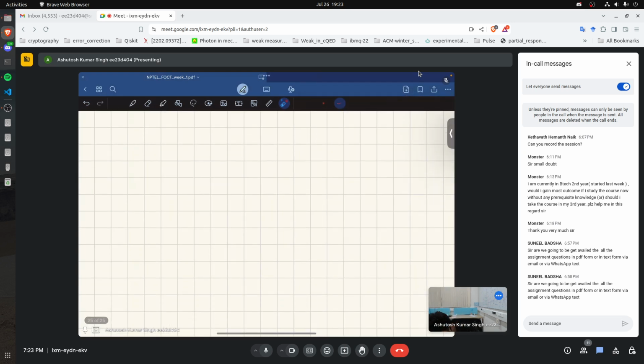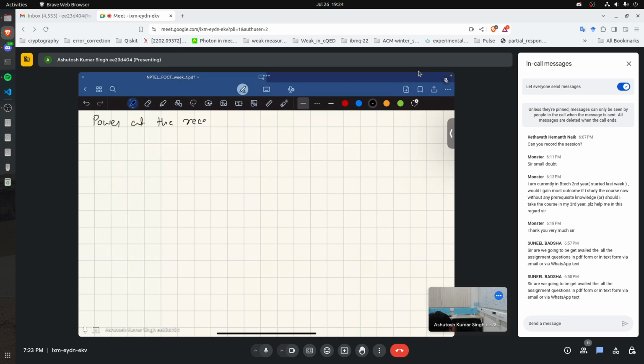So power at the receiver. Another interesting fact about logarithmic scales is that factors like loss and gains just become linear addition and subtraction. So I had my P input plus loss.